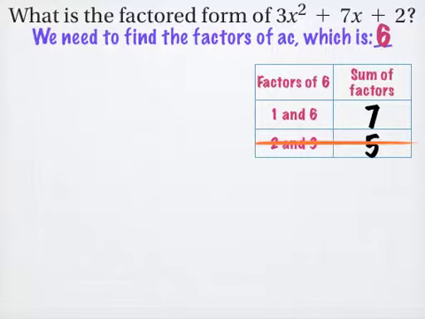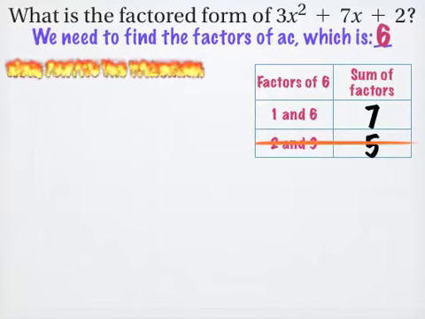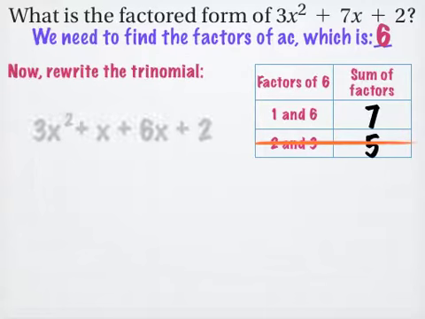This is where a big difference comes in on factoring from yesterday to today. What we need to do now is take the factors 1 and 6, and leave my 3x squared and my positive 2 alone, but rewrite 7x as 1x plus 6x.